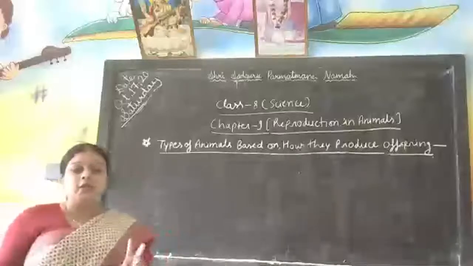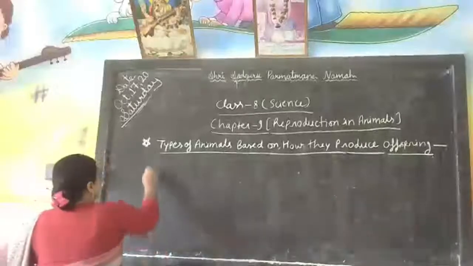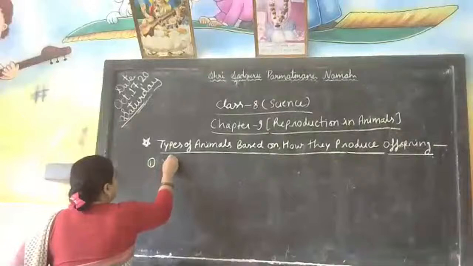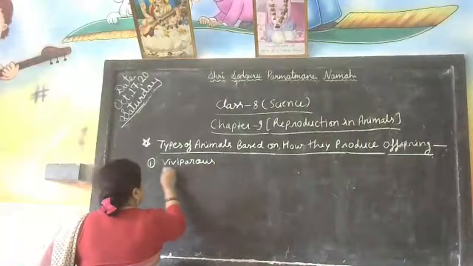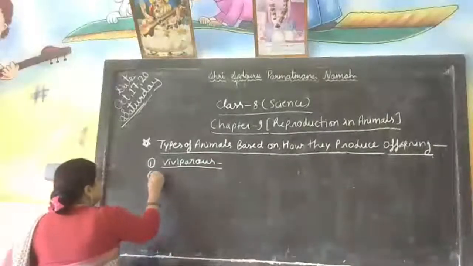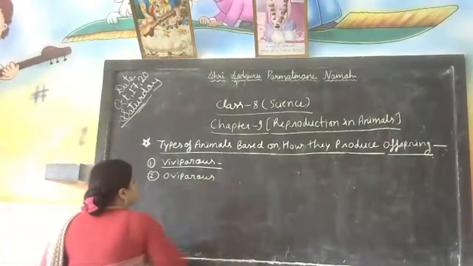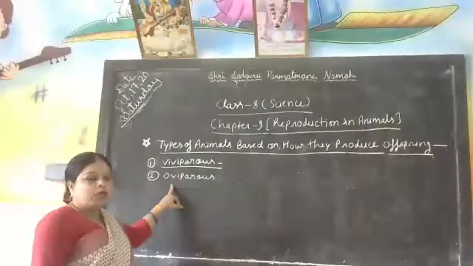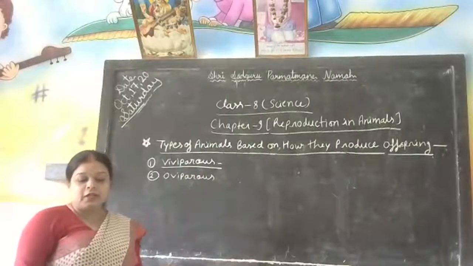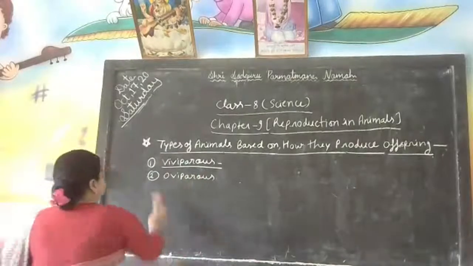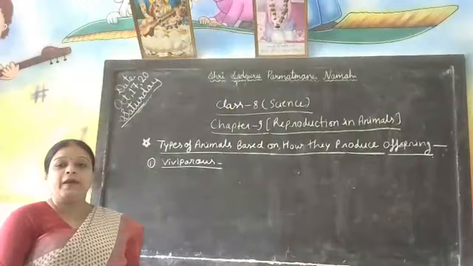So there are two types of animals, viviparous and oviparous. First is viviparous and second is oviparous. First we study about viviparous animals.